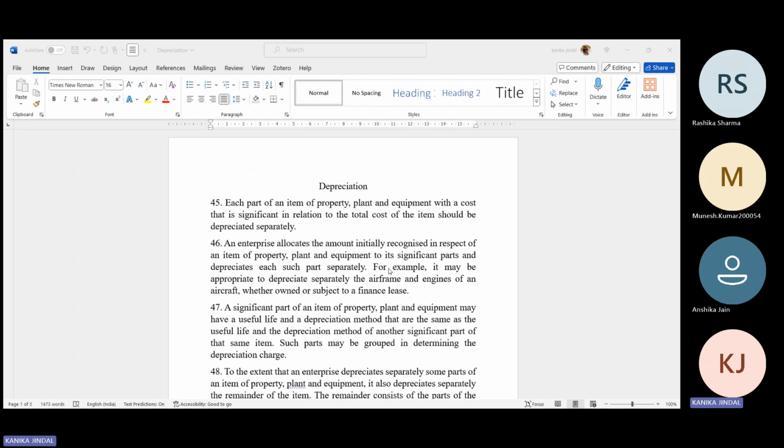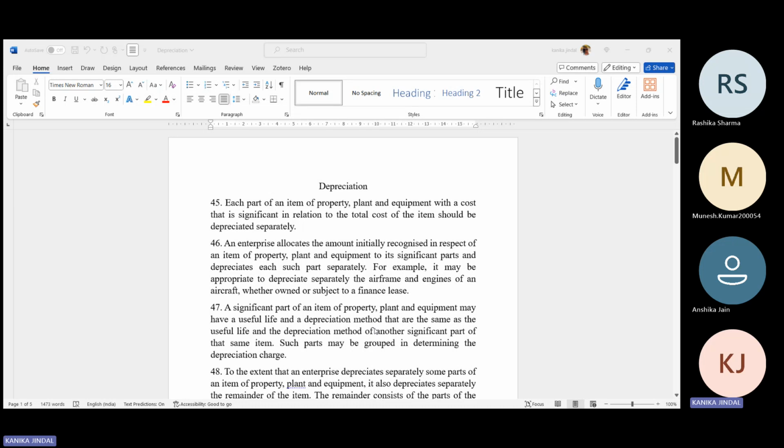So now we'll be starting the topic depreciation, which is your unit number 3. As you can see, this whole PDF is from the AS10 property, plant and equipment. I have taken the depreciation part from that standard only, from the notes provided by the Institute of Chartered Accountants of India.